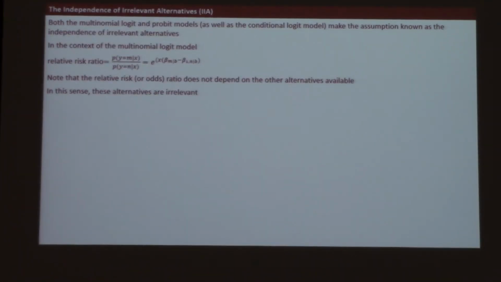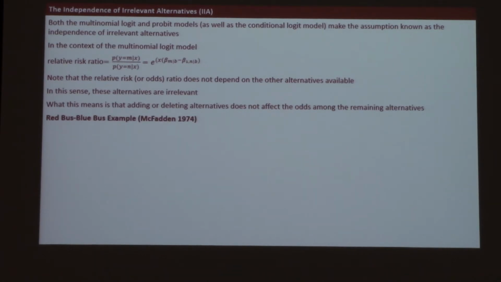And again, this is one of those wacky econometric assumptions. What does it mean? It means that adding or deleting alternatives does not affect the odds of the remaining alternatives.